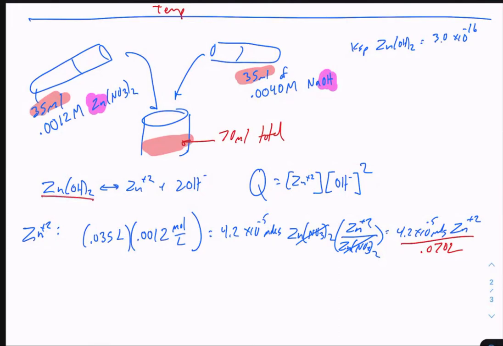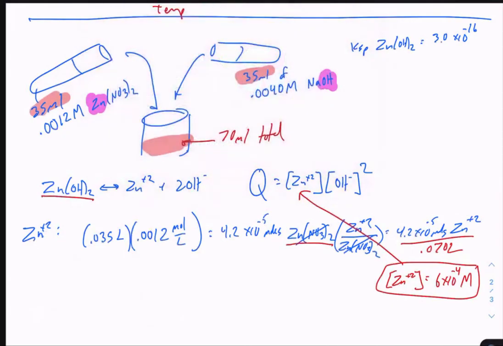In the formula of zinc nitrate, there's only one zinc. Okay. Yeah. Okay, so the concentration of zinc is 6 times 10 to the minus 4 molar. Okay. That would go in there.